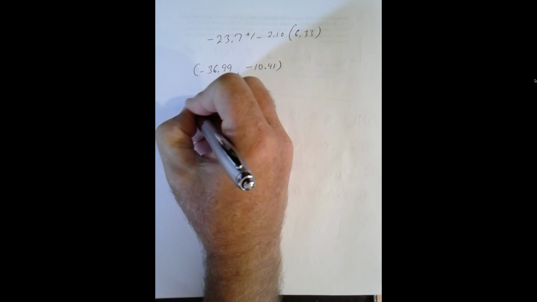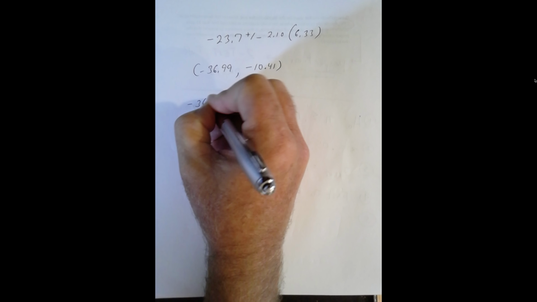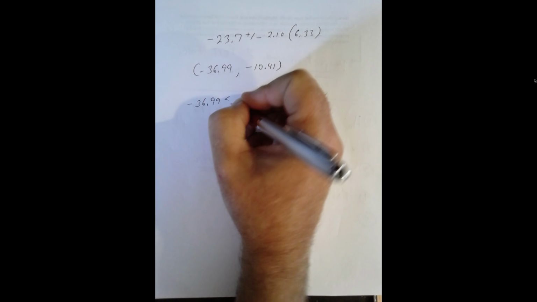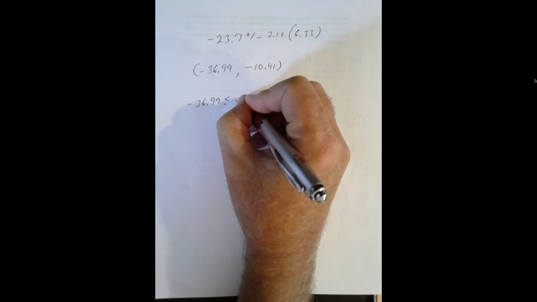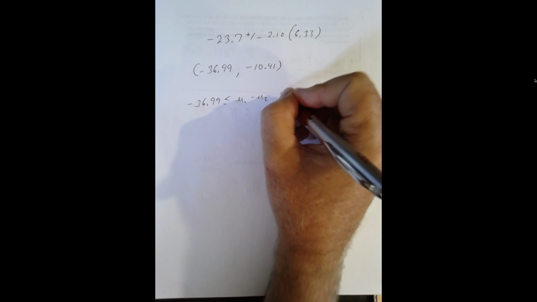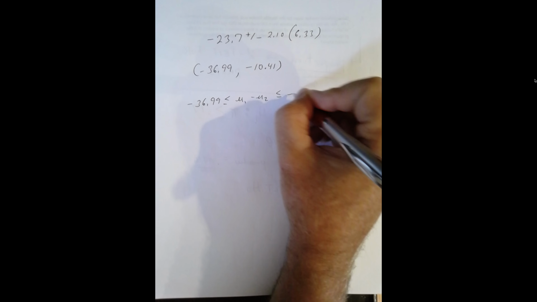Now, sometimes this is written as negative 36.99 less than or equal to mu1 minus mu2 less than or equal to negative 10.41. So what we're finding out here is the location does matter.